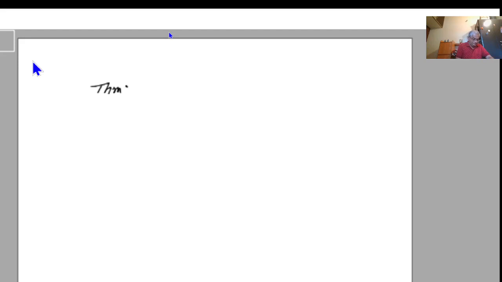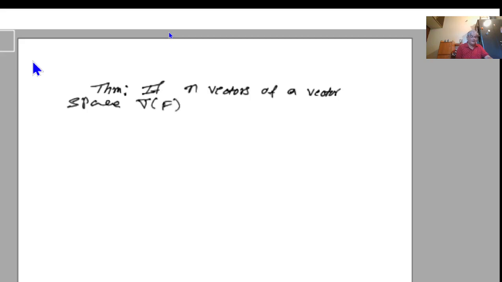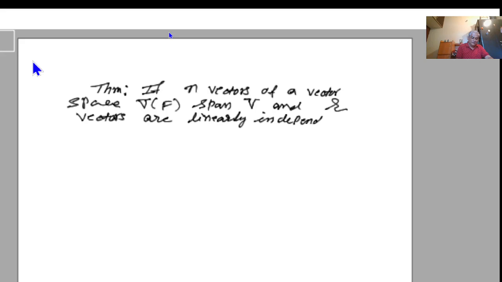In theorem, if n vectors of a vector space V over F span V and R vectors are linearly independent, then n is greater than or equal to R.